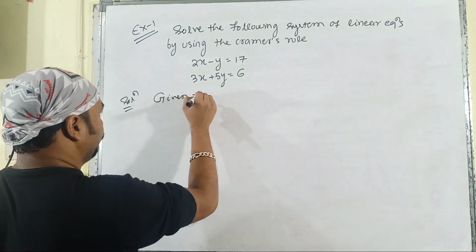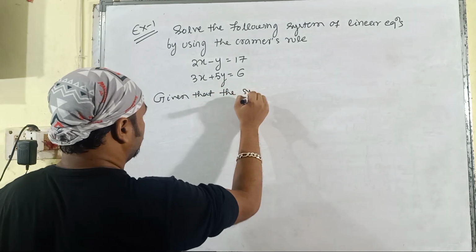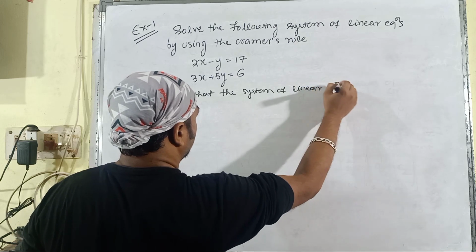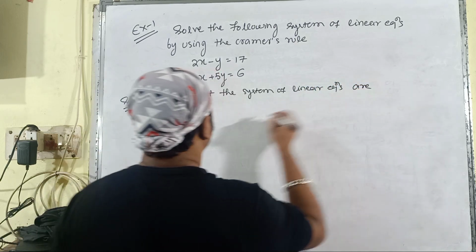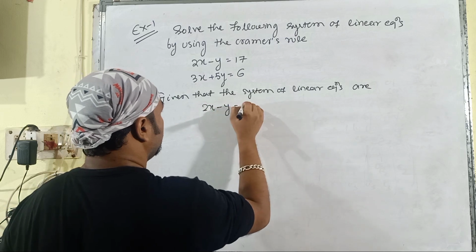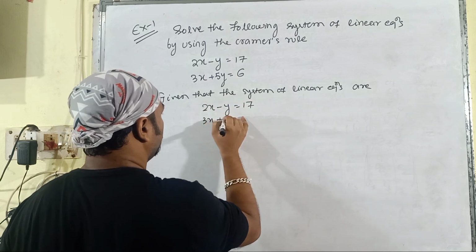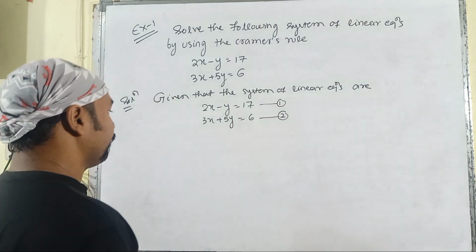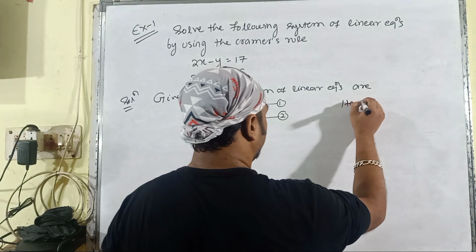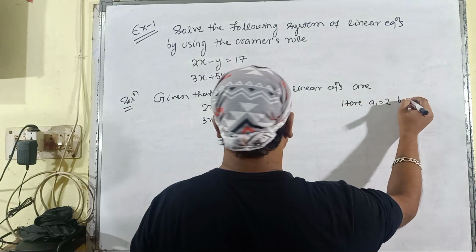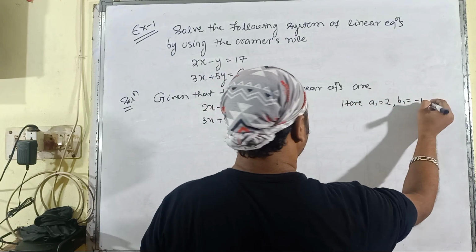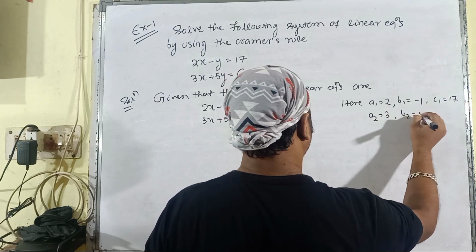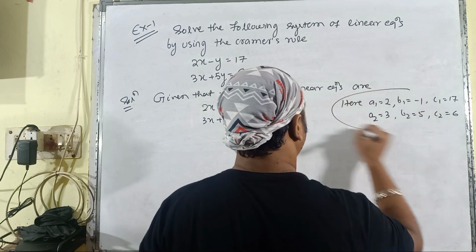Given that the system of linear equations are 2x minus y is equal to 17, 3x plus 5y is equal to 6. This is the first equation and this is the second equation. Here a1 is equal to 2, b1 is equal to minus 1, c1 is equal to 17, a2 is equal to 3, b2 is equal to 5, c2 is equal to 6.